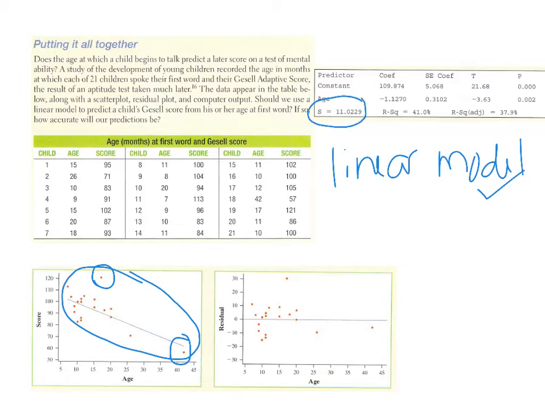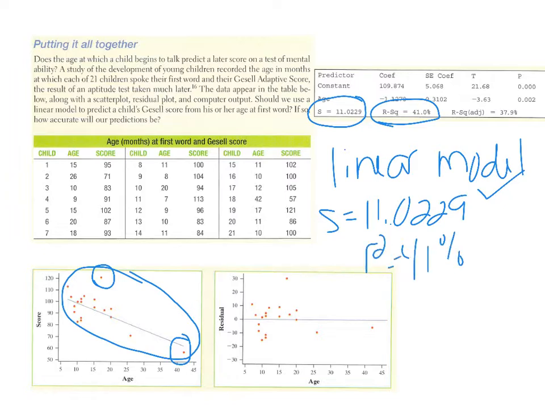Let's look at our standard deviation and our R-squared. Our standard deviation here is 11.0229. Remember, this is the standard deviation of the residuals, so the typical prediction is going to be off by 11.0229 points. And our R-squared is how much of our variation is accounted for by that model.